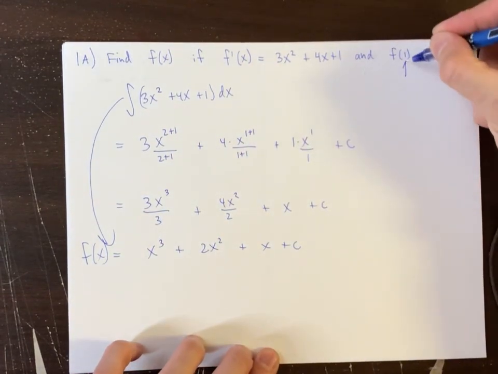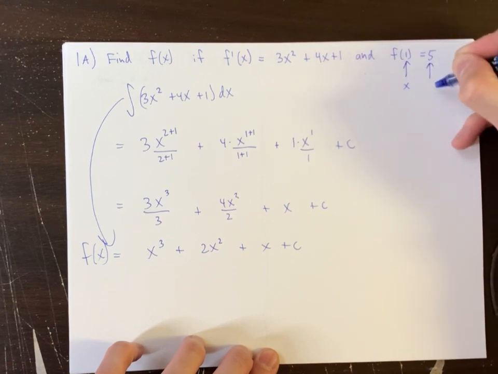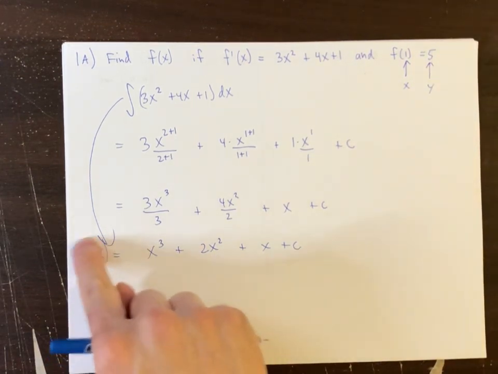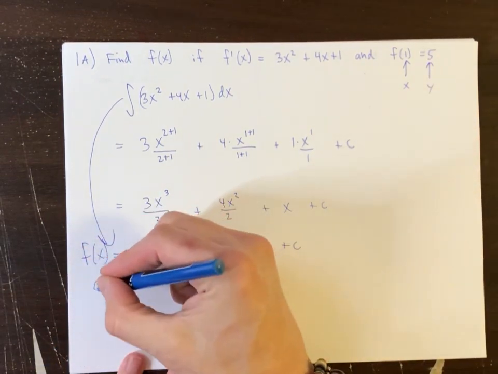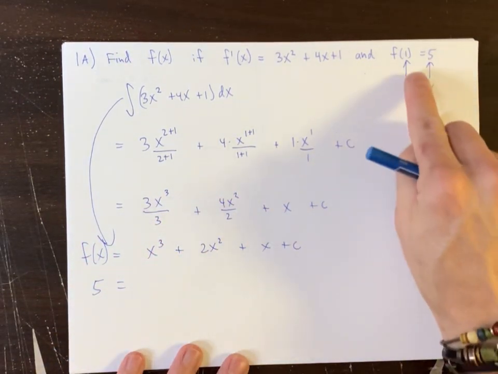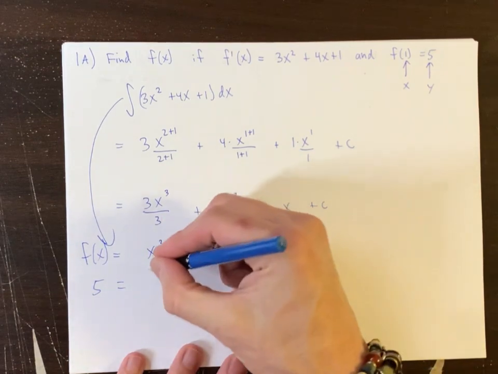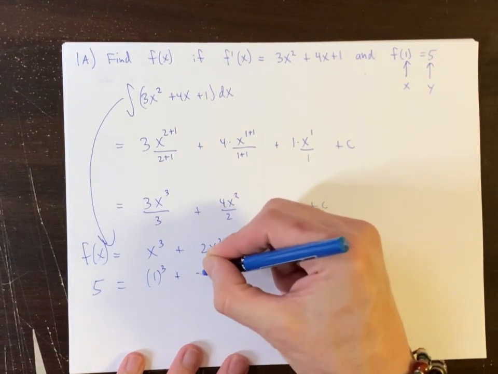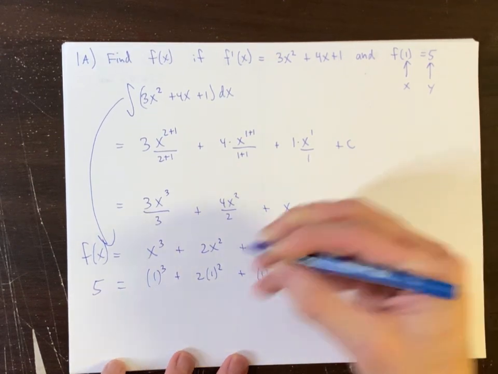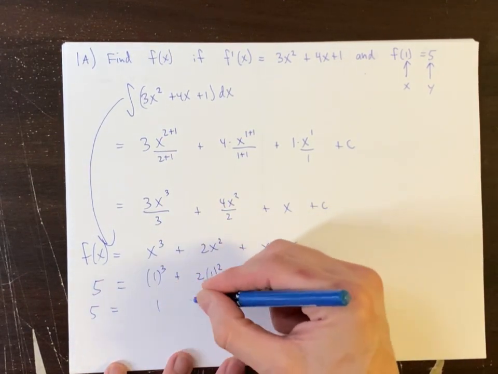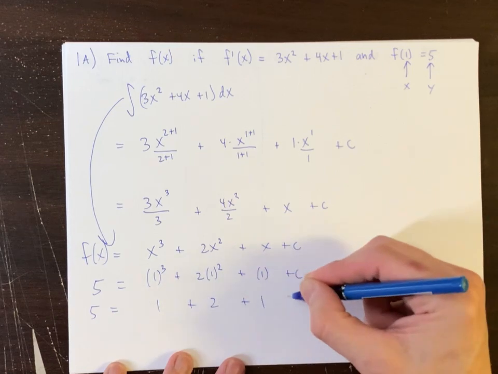So what you do is you plug that in for x and you plug that in for y, where of course this is just y. So the 5 goes in for the left-hand side, completely replaces it, and the 1 goes in for all the x's. And so this will quickly tell us the value of c, because 5 equals 1 plus 2 plus 1 plus c.